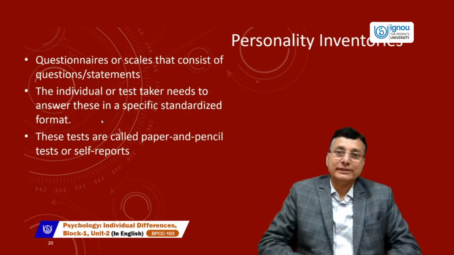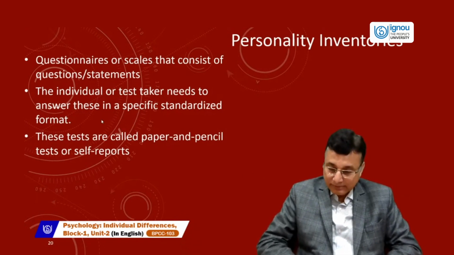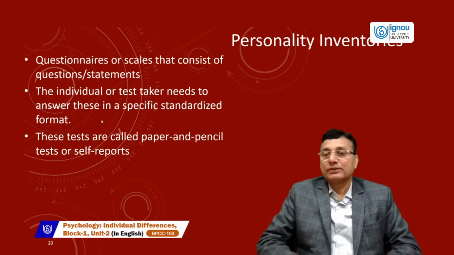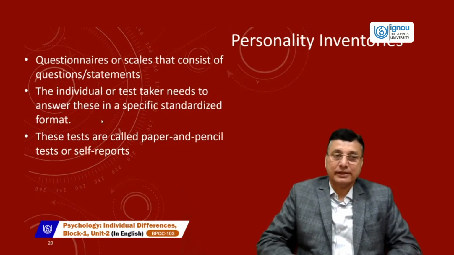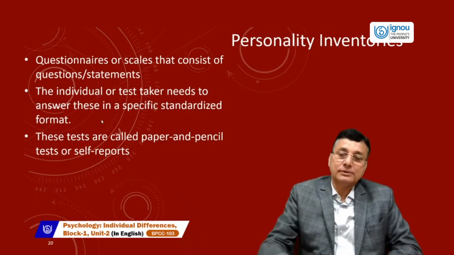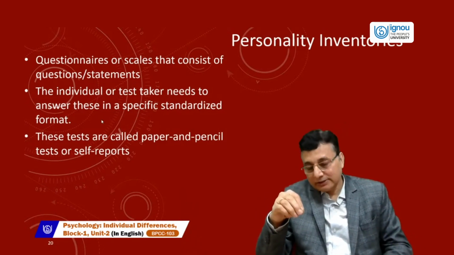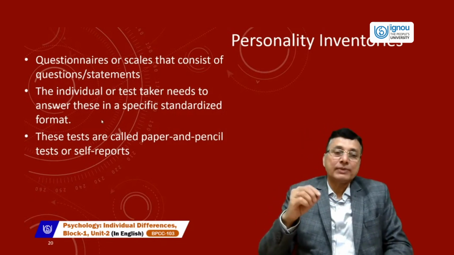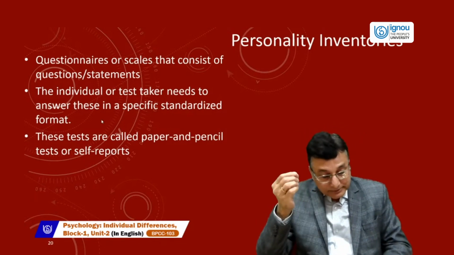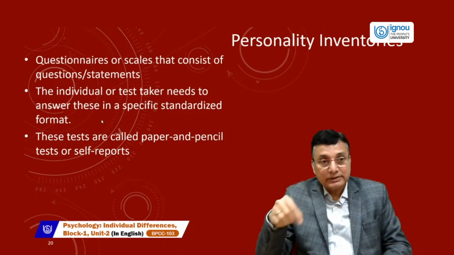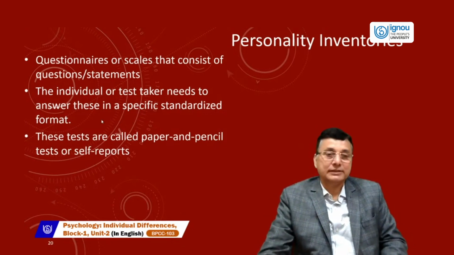So this is like a 5 point Likert scale. Most of the personality inventories are either on a Likert based scale or true, false, or yes or no type. The questions are printed on a paper sheet, and this subject or patient, the client, has to tick one of the answers given.